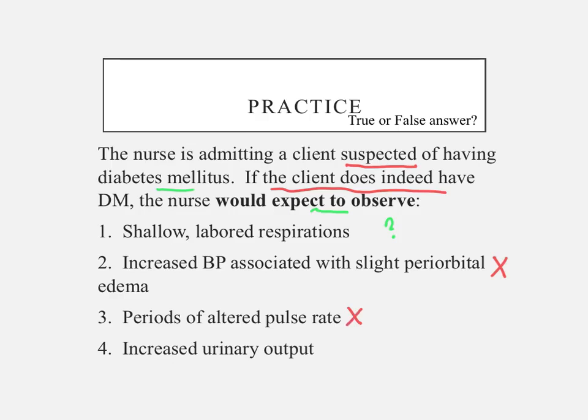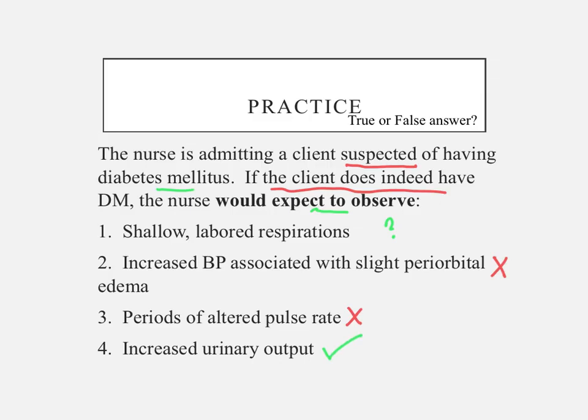And now I get down to increased urinary output. Oh, now that rings a bell. So we know that when someone has diabetes, newly diagnosed, they usually have increased thirst and a lot of urination. So that sounds really good, and I feel confident about that one.